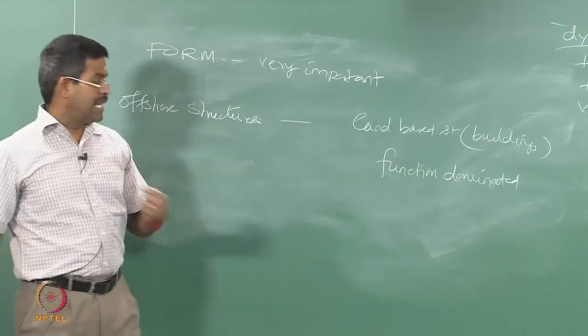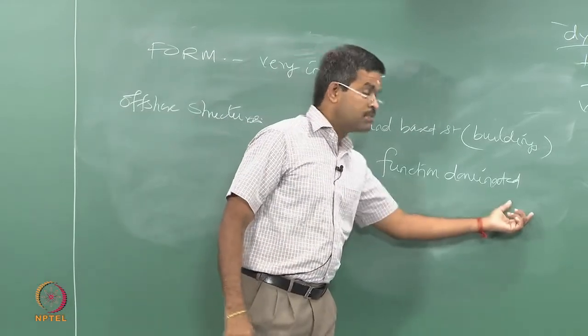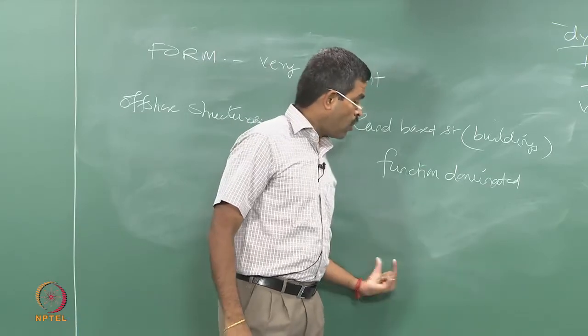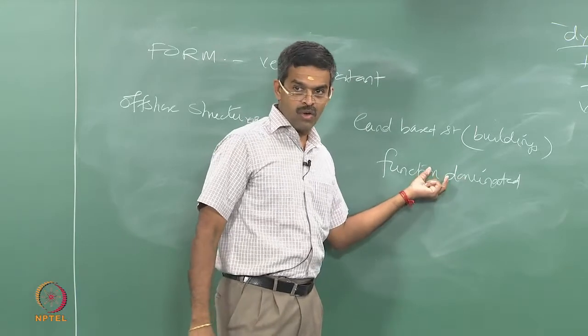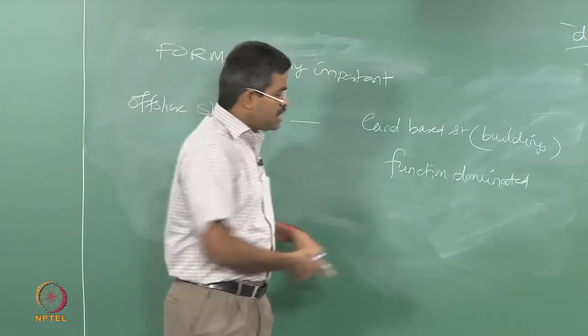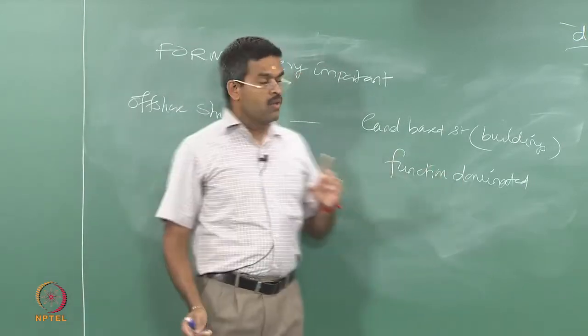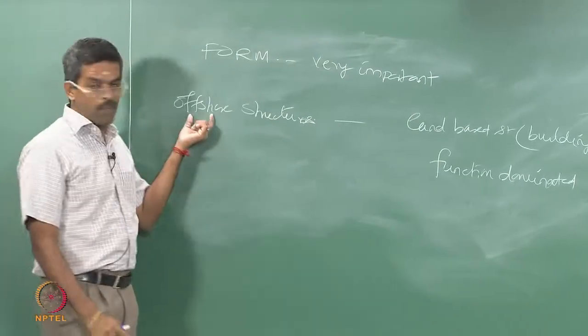I can give an example: an airport, a theatre, a multiplex, a hospital, a school, a library, an institution, an OAT, an ICSR. They are function dominated. So, they will tell you what should be the size of the space available, what should be the arrangement of rooms available. All these are architecturally designed, whereas in offshore structures function domination is not important, it is the form.